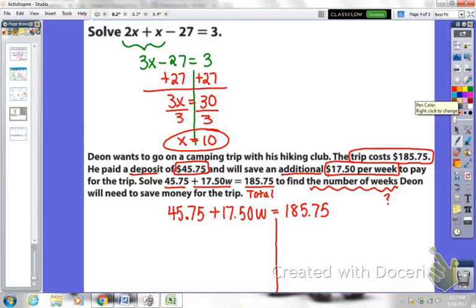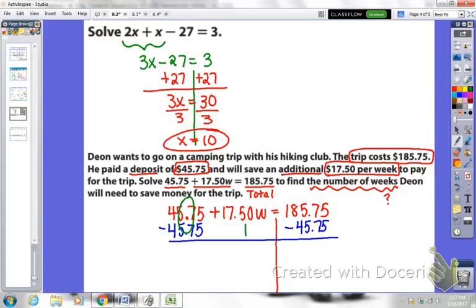Okay, now my variable is attached to the 17.50, so I don't want to undo that first. I'm going to subtract the 45.75 from both sides. So this becomes 0. You bring down your 17.50w, and if I subtract the numbers on the right hand side, you get 140.